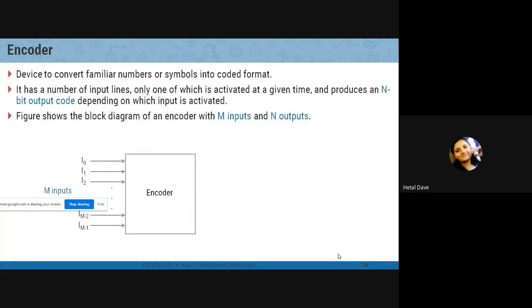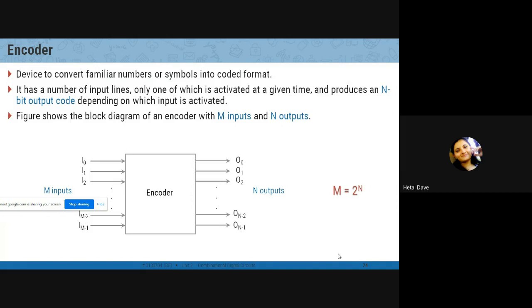Encoder has n inputs and m outputs, where m is equal to 2 raised to n. Remember this. Let's say I have 4 inputs, then the output will be 2.